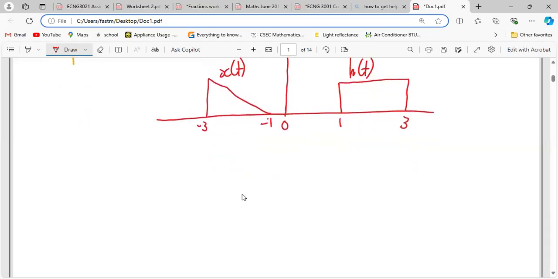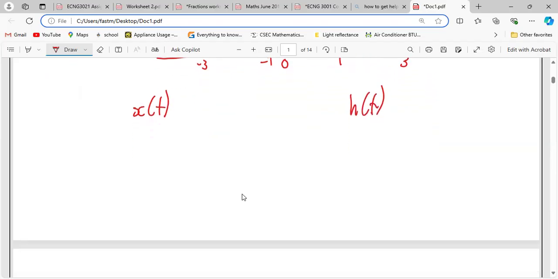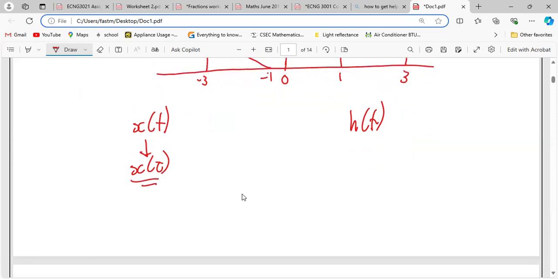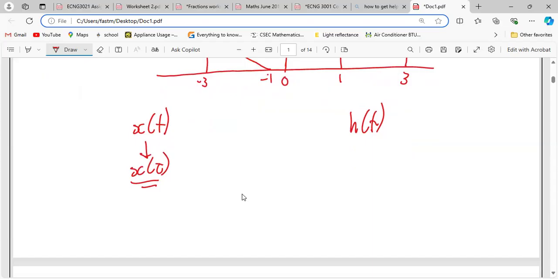So first things first, you choose where you want it to be, unless he specified what it is. With x at t, the first thing you do is let the t be tau, and you stop right there. Nothing much happens to it, most of the transformations happen with this one here.